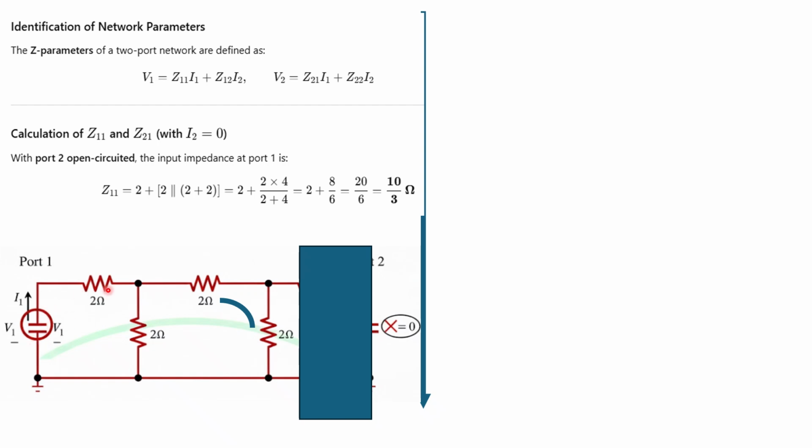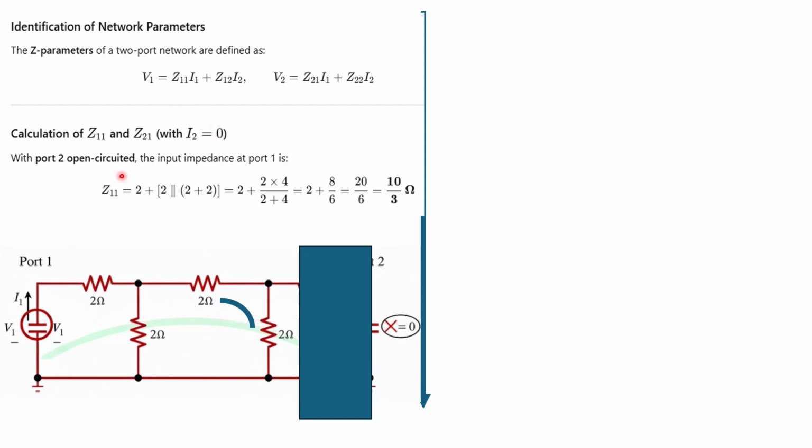So your total resistance will be 2 plus, 2 and 2 in parallel with the combination of these two. So 2 parallel with 2 plus 2, and the input resistance seen from here will be 2 plus 2 into 2 divided by 2 plus 4. Finally it will be 10 by 3.